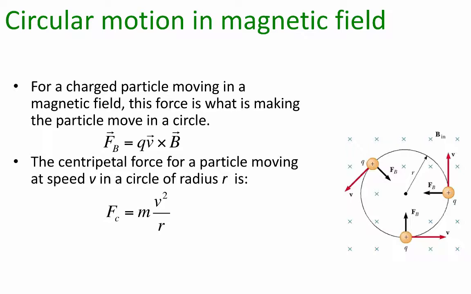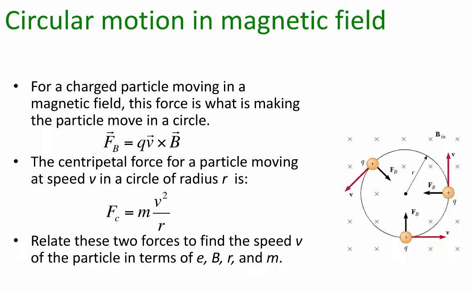So our centripetal force, mv squared over r, is equal to F_B, the force on the electron moving in the magnetic field. Connect those two to find the speed in terms of e, B, r, and m as the other variables. Remember that q is the charge of an electron, e.